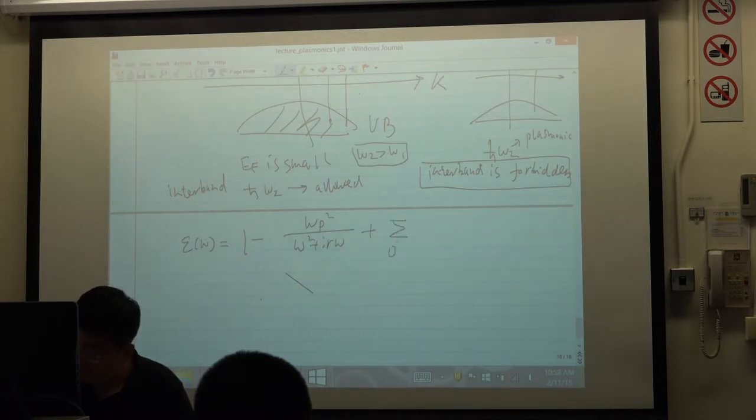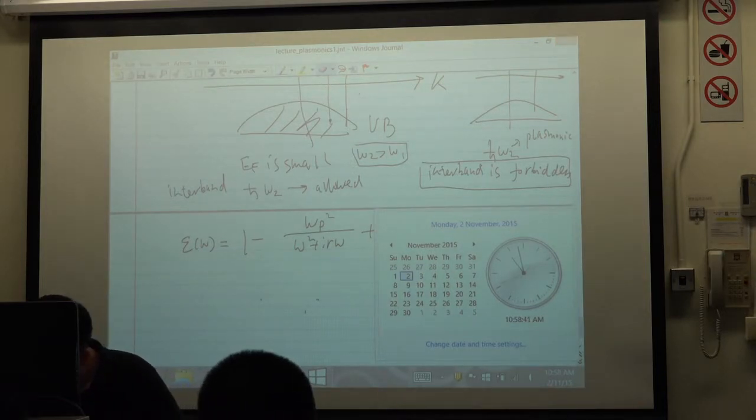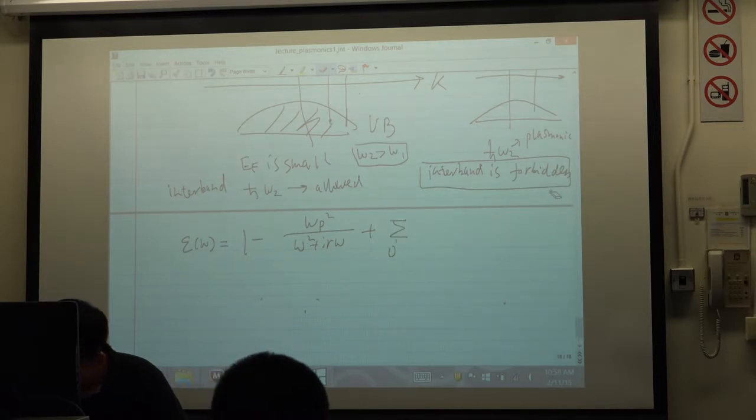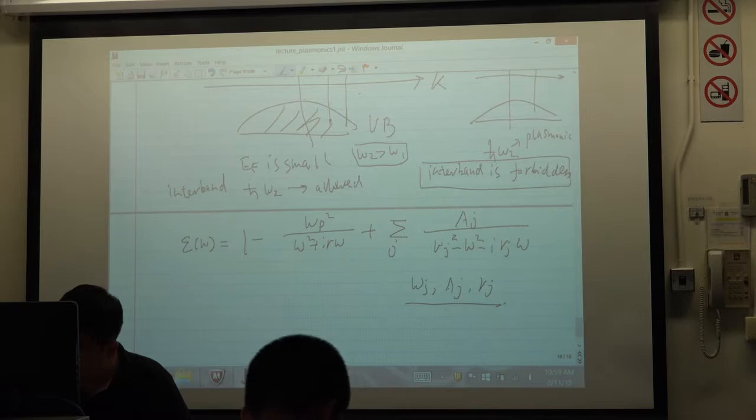Plus sum over j of Aj over omega j squared plus omega squared minus i gamma j. Here omega j, Aj, and gamma j need to be fitted by experiment.